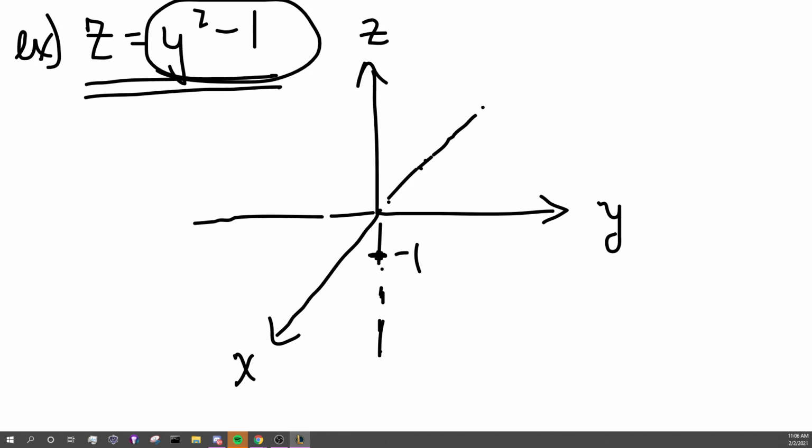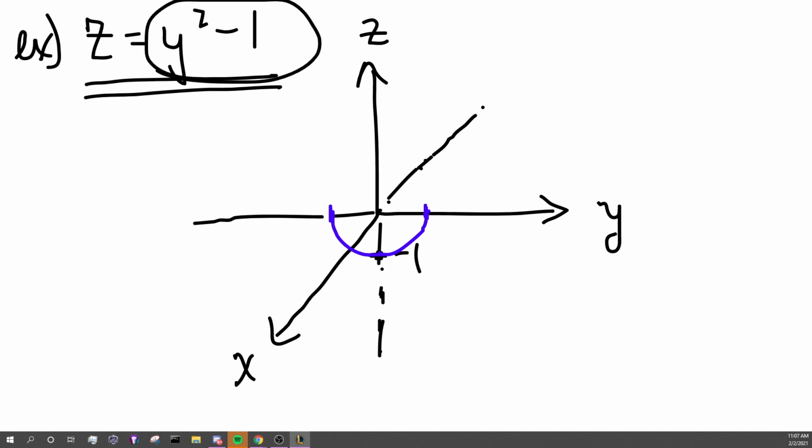As far as the y-axis is concerned, it's going to hit 1 unit on the positive and 1 unit on the negative. So from 0, 0, -1, we're going to go up toward the y-axis. So this is what the graph would look like in just z and y.